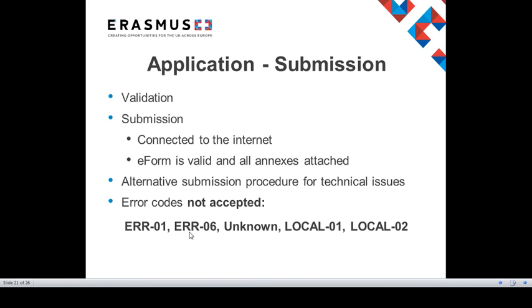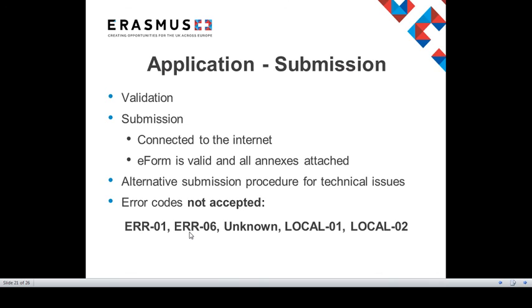If this happens and you are unable to submit the form, you should follow the alternative submission procedure as described in the guide for applicants. In this case, you can still submit your application by sending it via email to us within 2 hours of the official deadline.